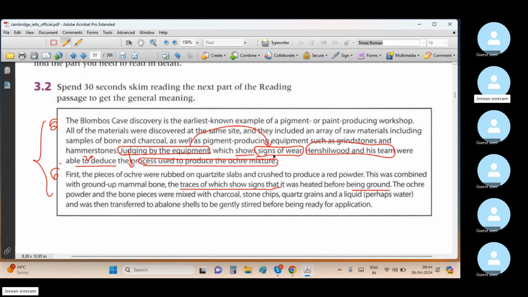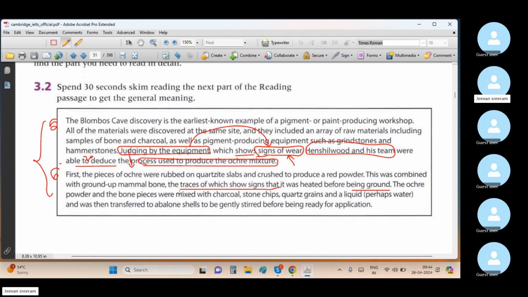So what have they actually used? The signs of wear. A kind of deterioration, a kind of scrapes you can see on the equipment.